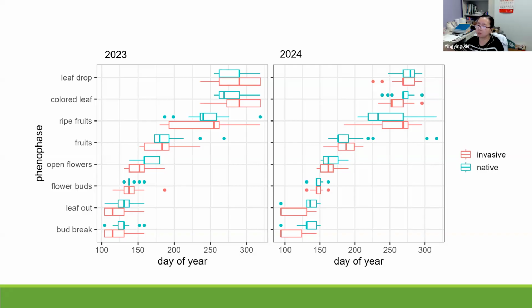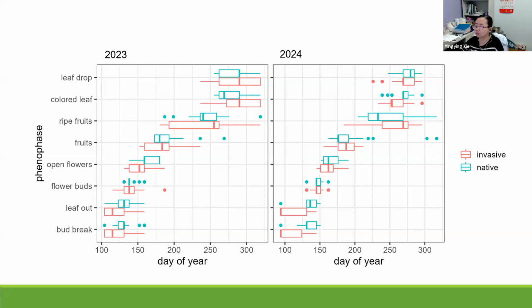You can even see the pattern where the box plots at the bottom always show the early phenophases, on the left bottom. This box plot represents overall, so we include all the data, no matter which species or which individual. We just want to generally understand, do we see a strong difference between native and invasive across species?